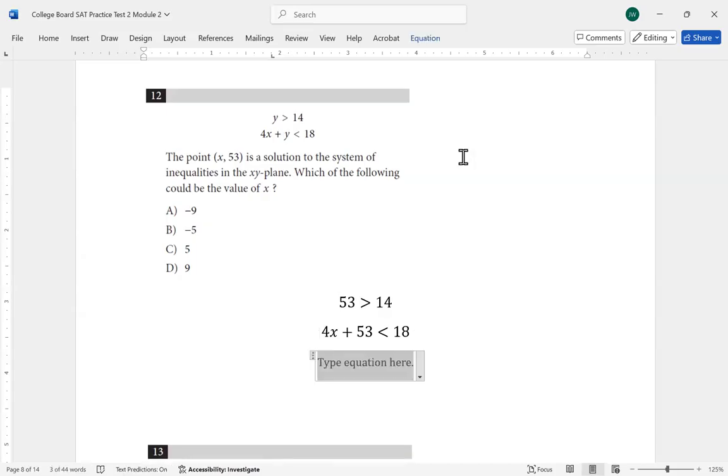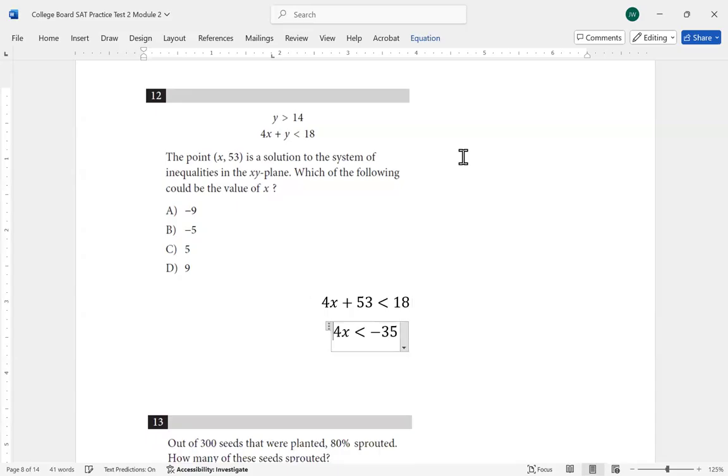Subtracting 53 from both sides would give me 4x is less than negative 35. Again, the first inequality is always true. The second inequality gives us this. Dividing by 4 gives me that x has to be less than negative 8.75.